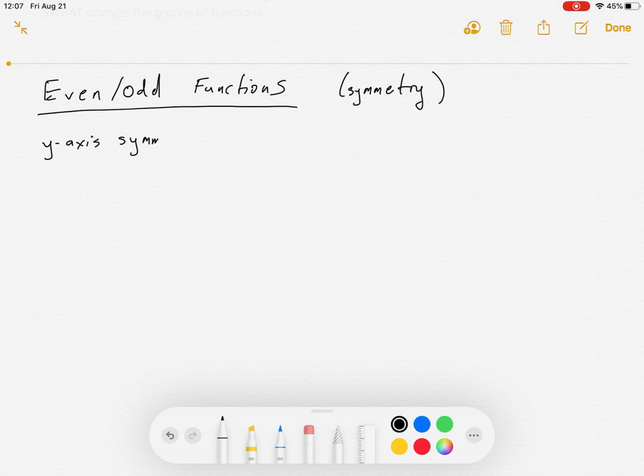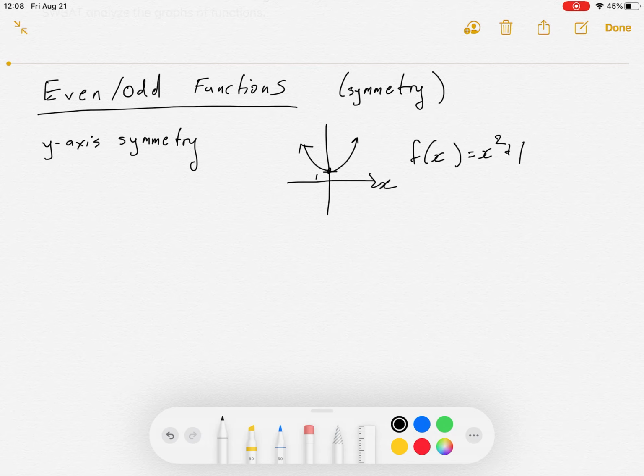For example, we could look at the function, a parabola. This could be, let's say, 1. Maybe this is the function f of x equals x squared plus 1. So here's an example of a function with y-axis symmetry, and we'll still talk about origin symmetry.